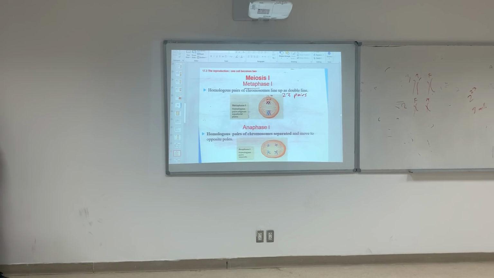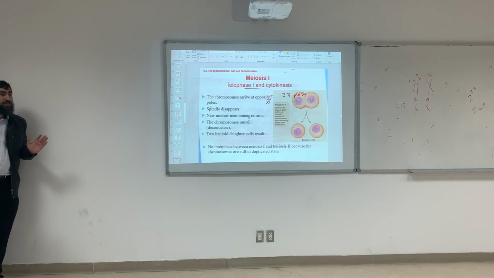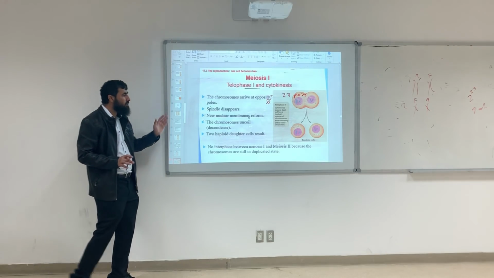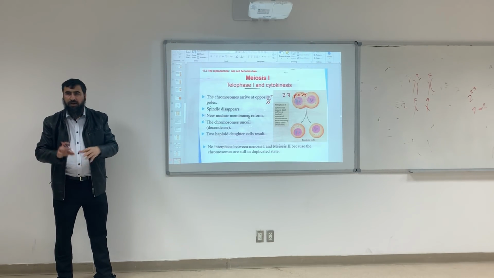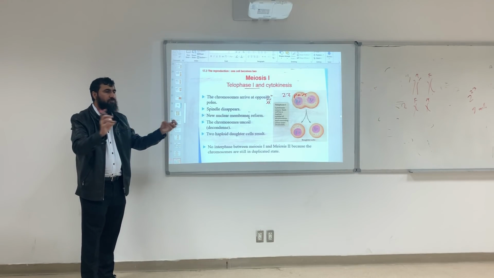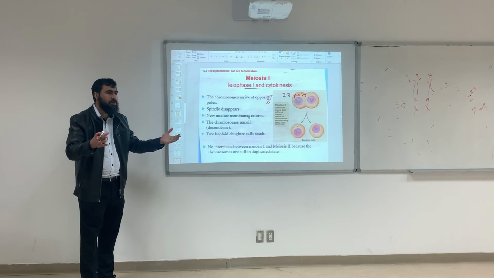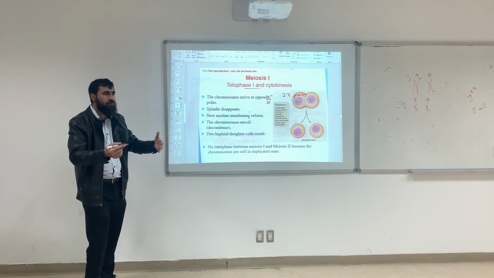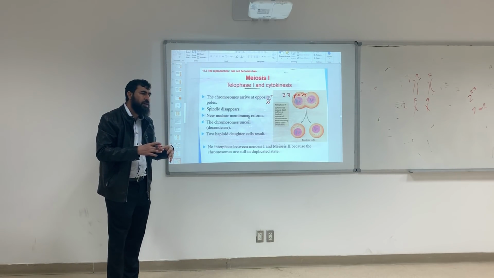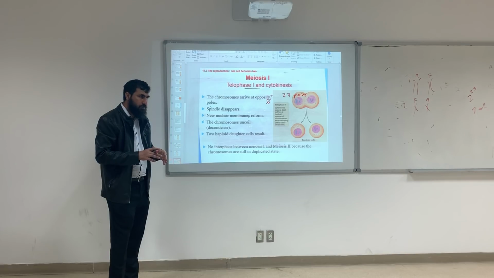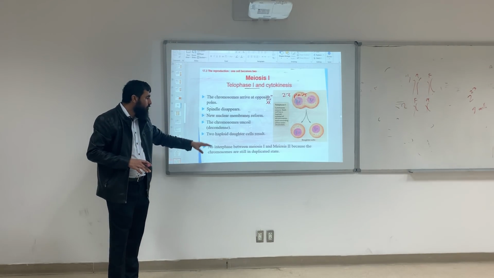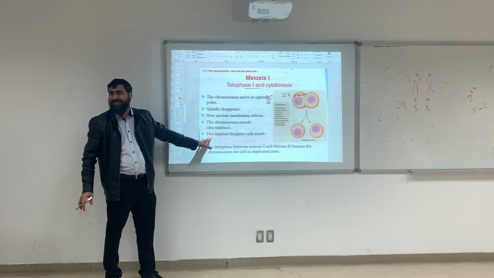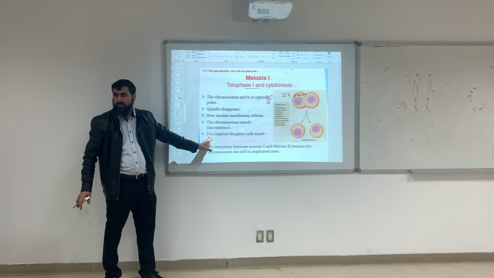So we have typical telophase, cytokinesis, like mitosis, the same thing, okay? The chromosomes arrive at the opposite poles, the spindle fibers disappear, chromosomes decondense, the nuclear membrane appears, you get two haploid daughter cells which are non-identical, okay?